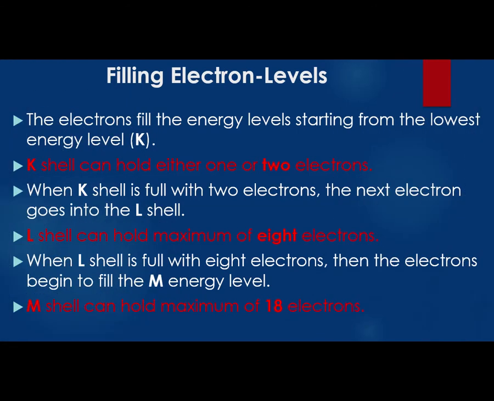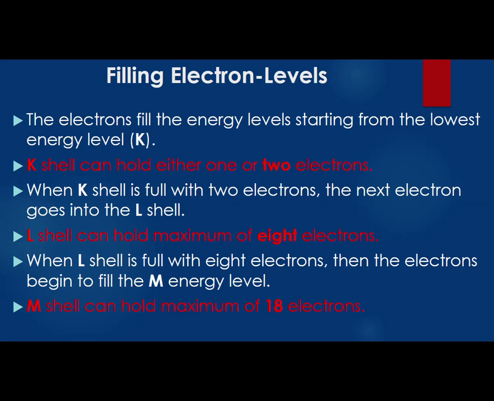Now, filling electron levels: how electrons are filled in the energy levels according to their position, which one is the closest and how many electrons will be in the shell.